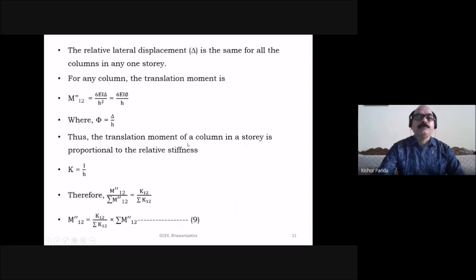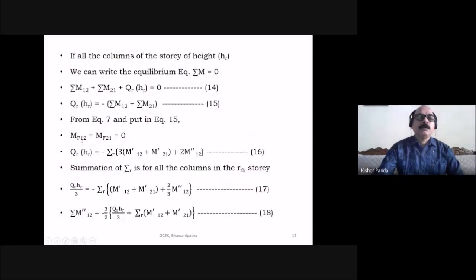So you have to put it here. MF12 and MF21 are equal to 0 from equation 7, because there is no loading between the span. This horizontal load is acting at the joint.